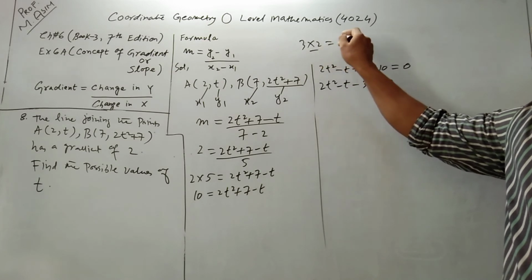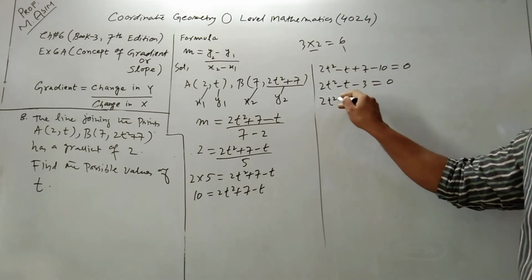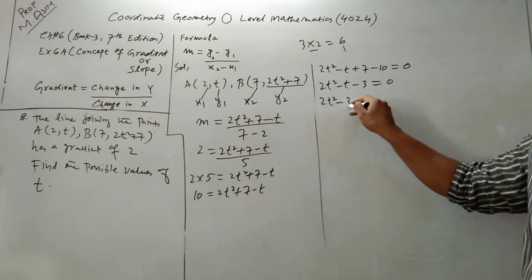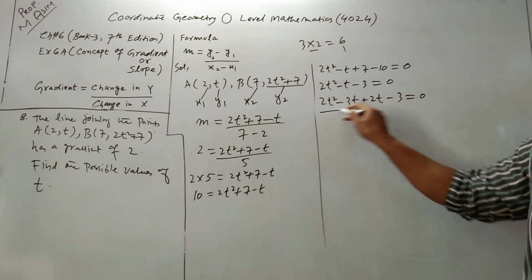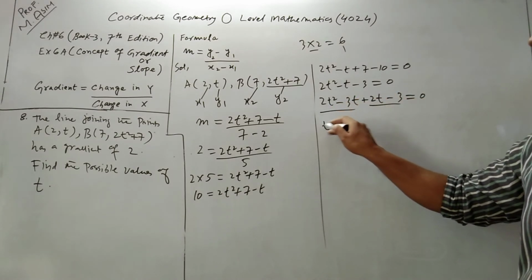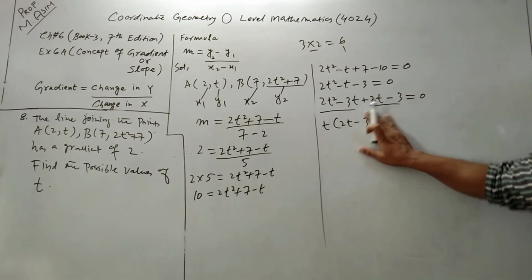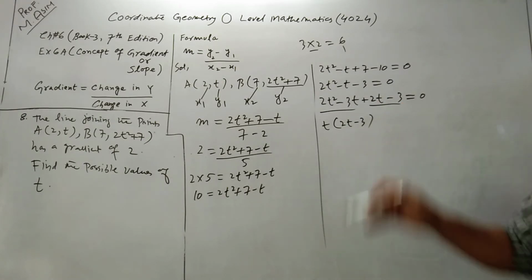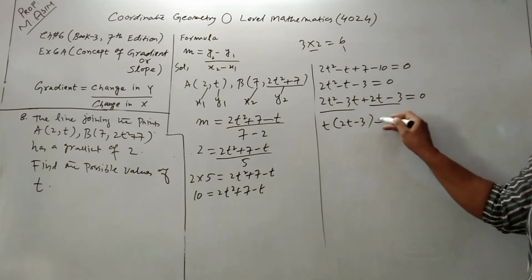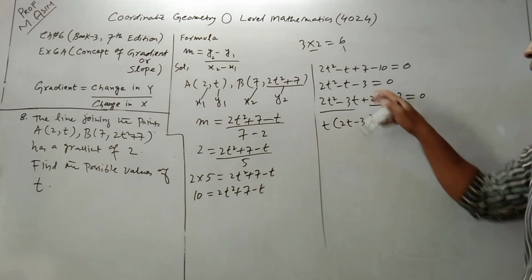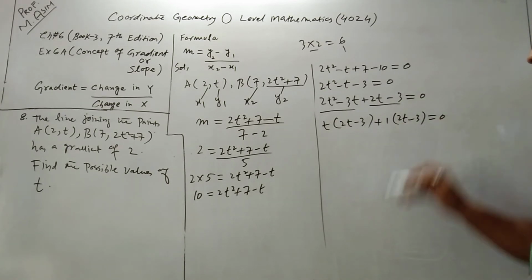3 minus 2 is 1. So 2t square minus 3t plus 2t minus 3 equals 0. Take t as common, becomes (2t minus 3). What is common in 2t minus 3? Nothing, so you have to take 1: 1 into 2t, 1 into minus 3 equals 0.